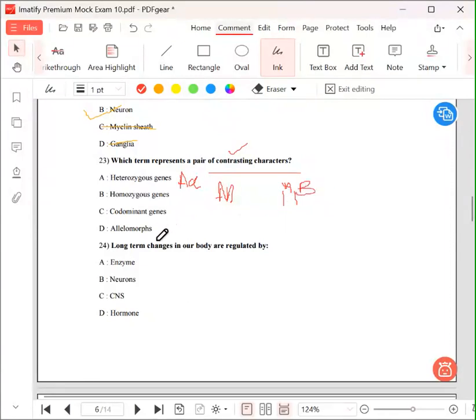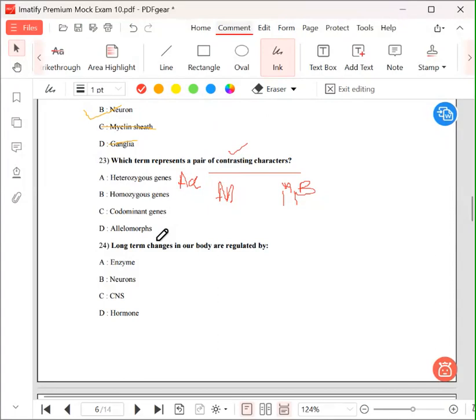Allelomorphs, which is the older term for genes or alleles. Most of the students will pick heterozygous genes because they see the word contrasting. Heterozygous have one dominant and one recessive, so heterozygous it is. No, that's not the case.